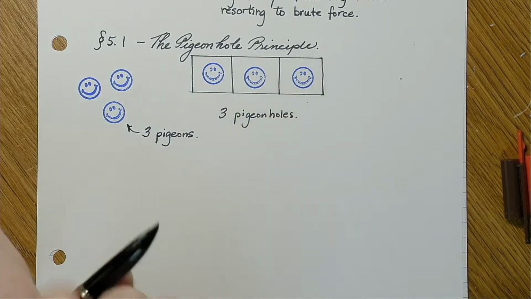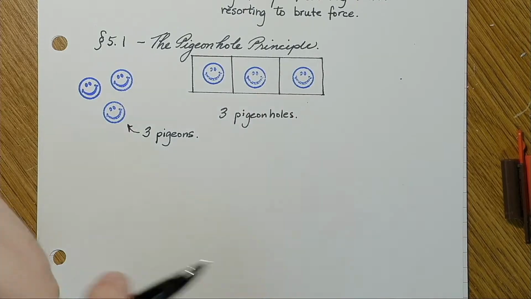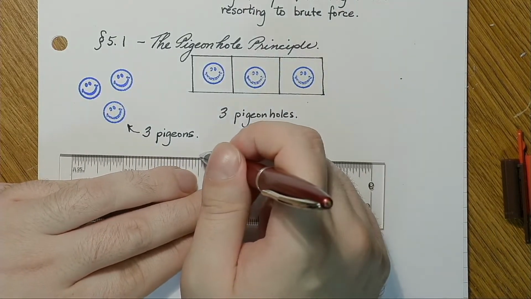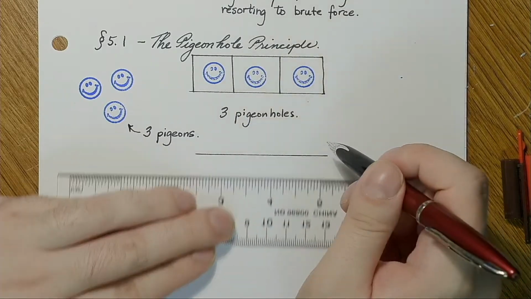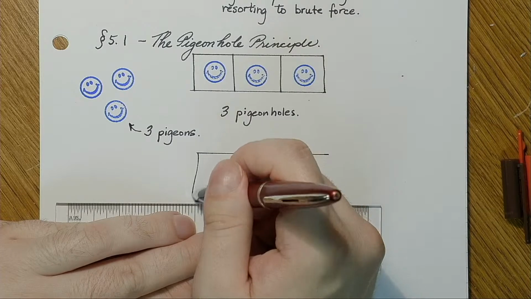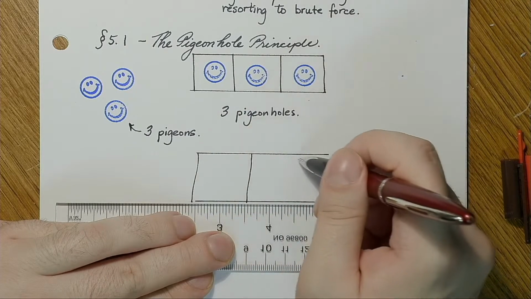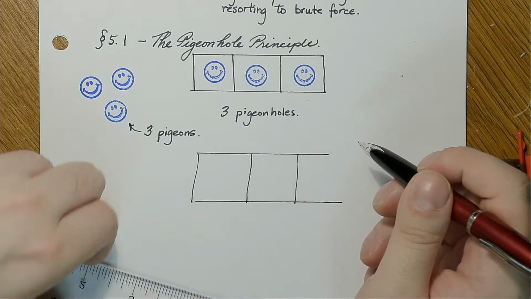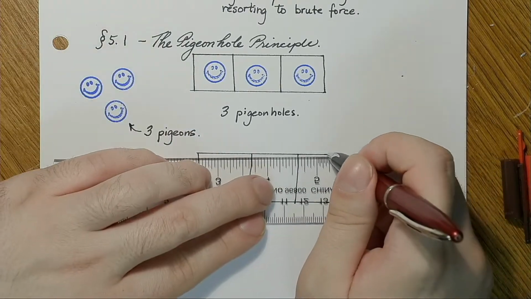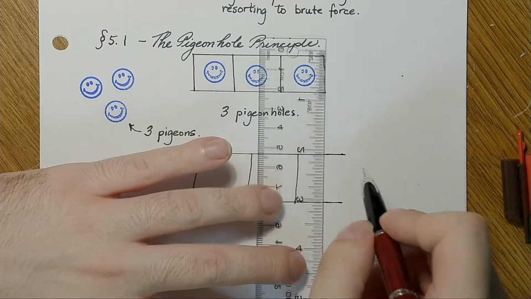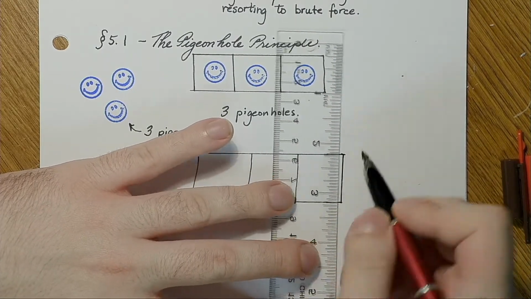But what happens now if I still have 3 pigeonholes? Let me draw this a little better. There we go.